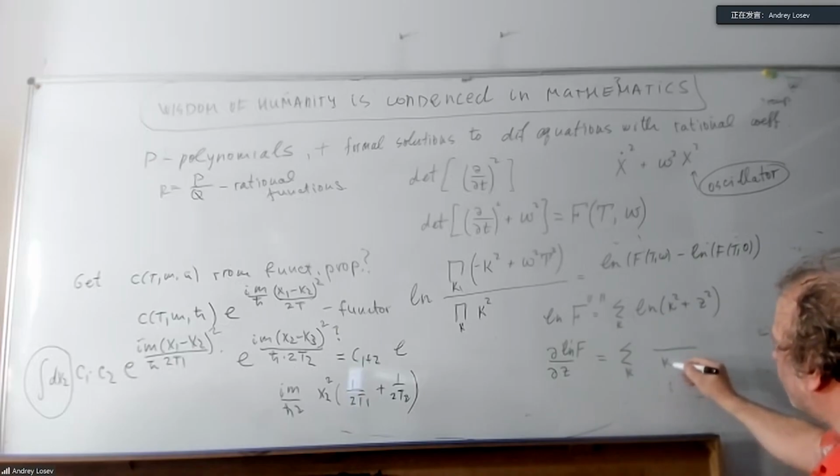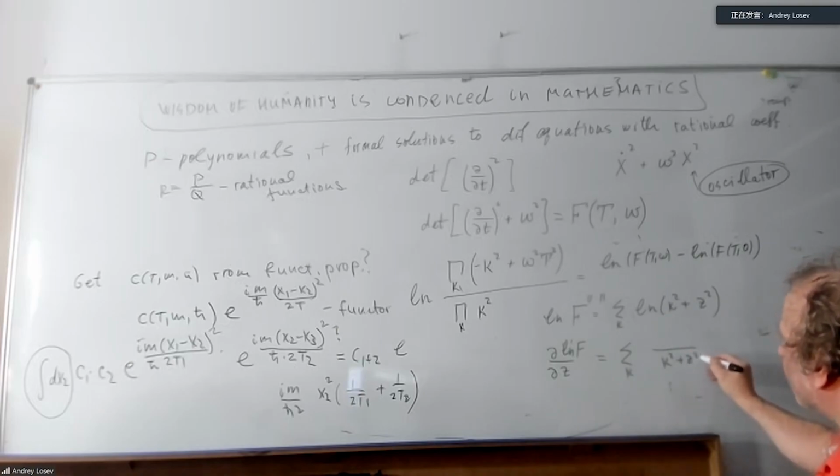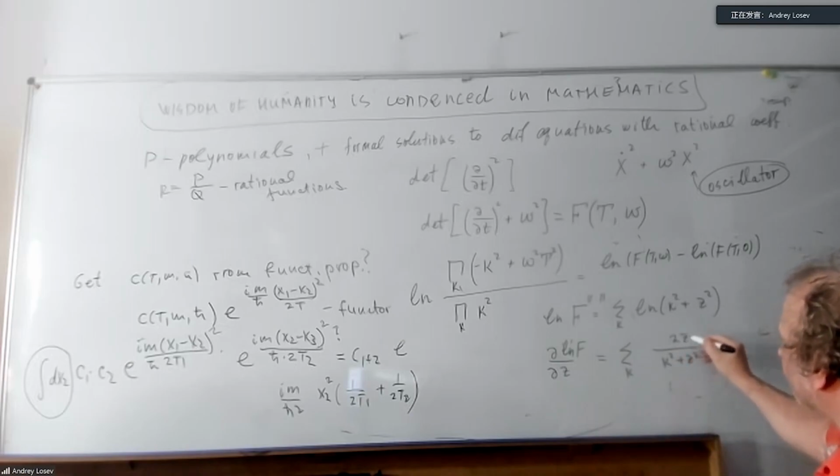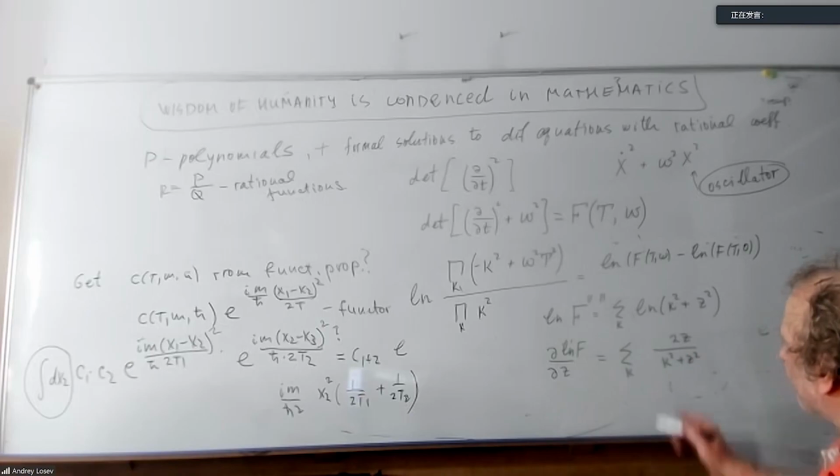And here I'll see k squared plus z squared. And here I have 2z, right? And this is already convergent.